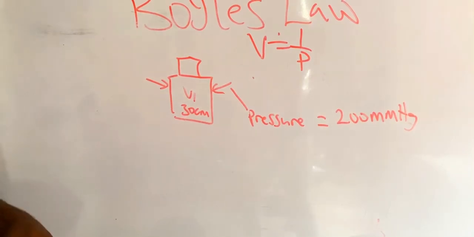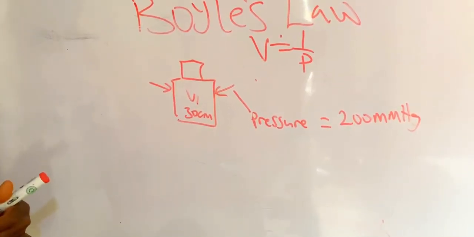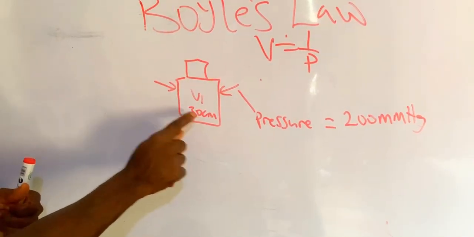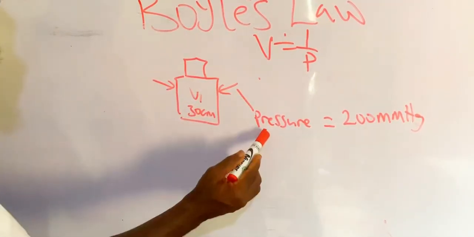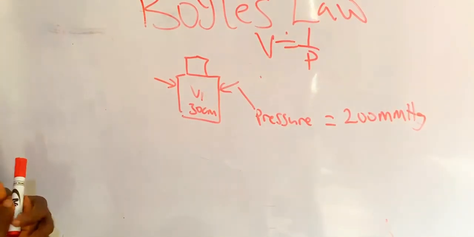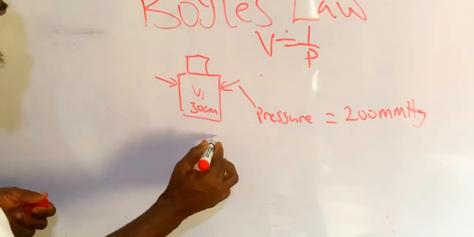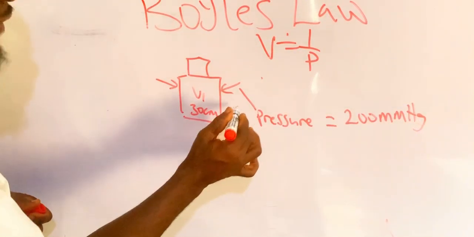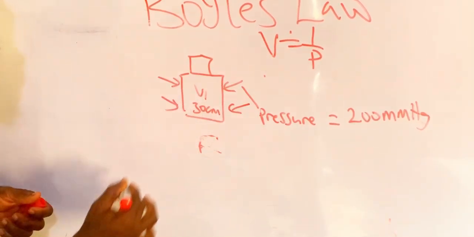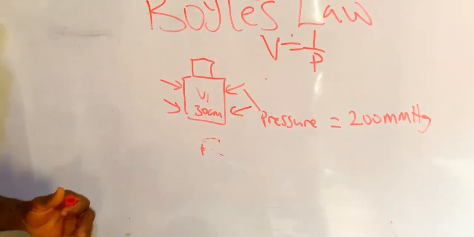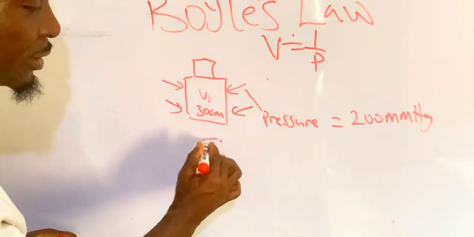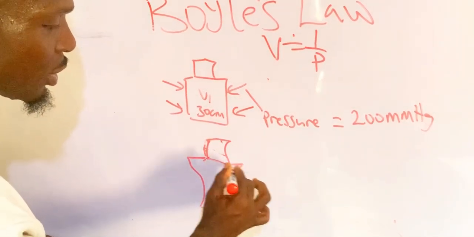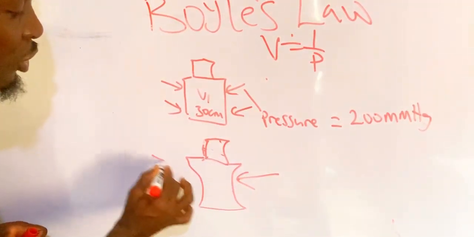Now, if you look at the board from our previous diagram, this is the volume of our container, which is 30 cm cube when the pressure on it is 200 millimeter mercury. Now, if we increase the pressure on this container, what do you think will happen? It will decrease. So let's say we have decreased the container by applying more pressure on it.